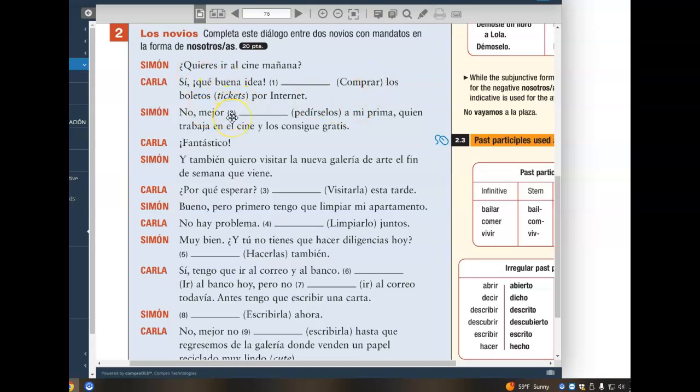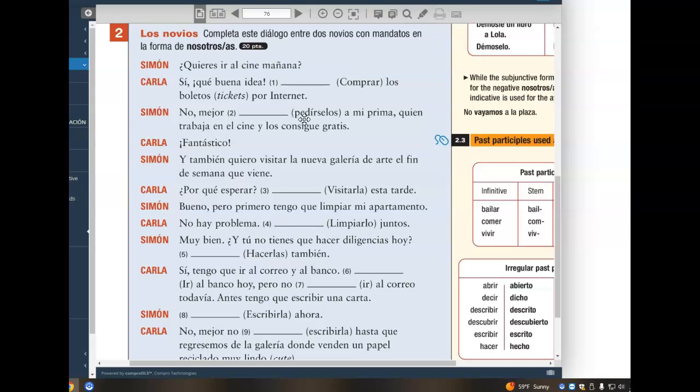So first thing that comes is your indirect object pronoun. Second thing that would come is your direct object pronoun. And then because this is a negative command, the third thing that would come is your verb in the nosotros command form. So, no mejor se los pedimos. Excuse me. Se los pidamos. P-I-D-A-M-O-S would be the verb pedir in the nosotros command form.